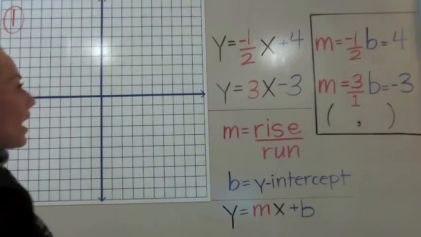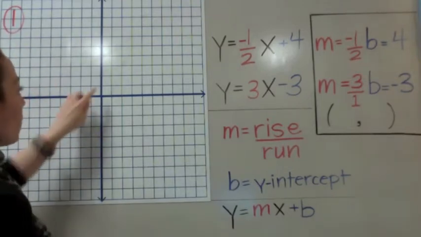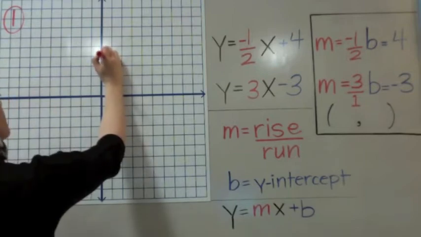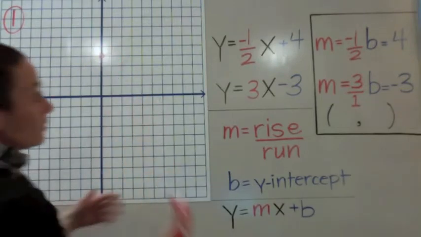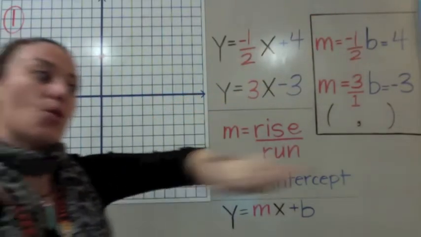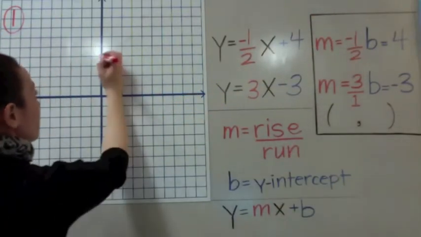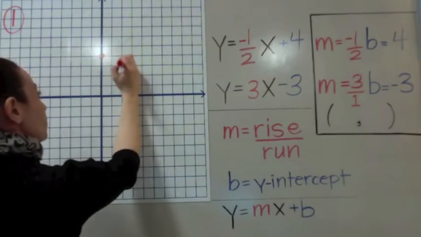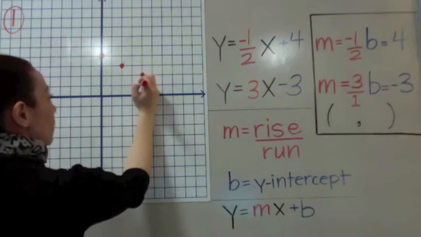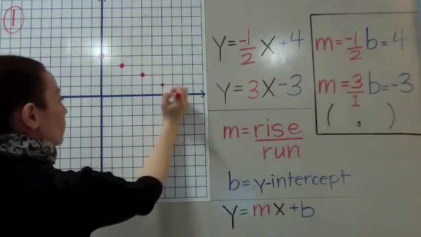So let's graph these lines. We're going to start at 4. 1, 2, 3, 4. And then from there, we're going to go where? We're going to go down 1 and over to the right 2. So we're going to go down 1 over 2, down 1 over 2, down 1 over 2.